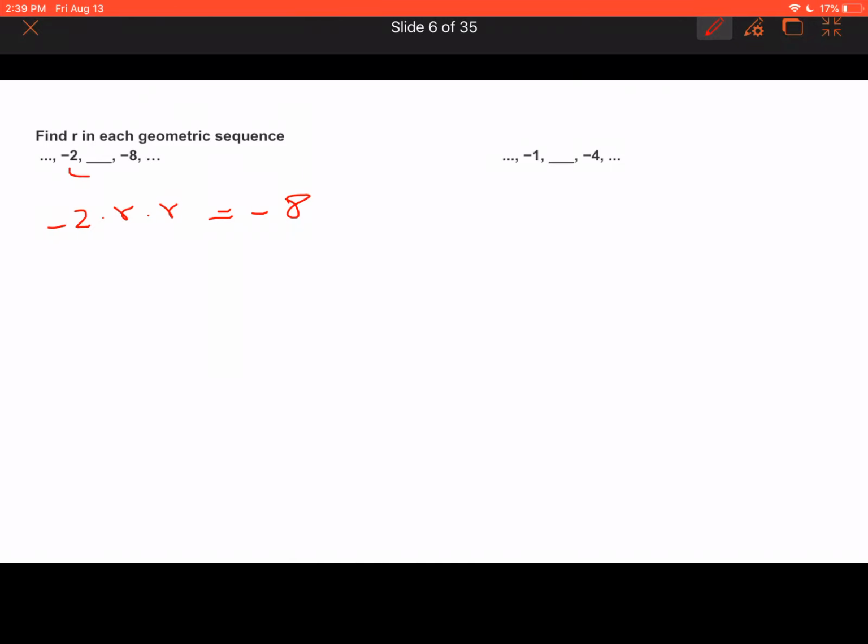So minus 2 and this blank digit, that is an R, and between the blank digit and the next digit there is an R. So if you multiply that, we will be getting the value. Okay, so R square is equal to minus 8 by minus 2, which is equal to 4. So R is equal to 2.